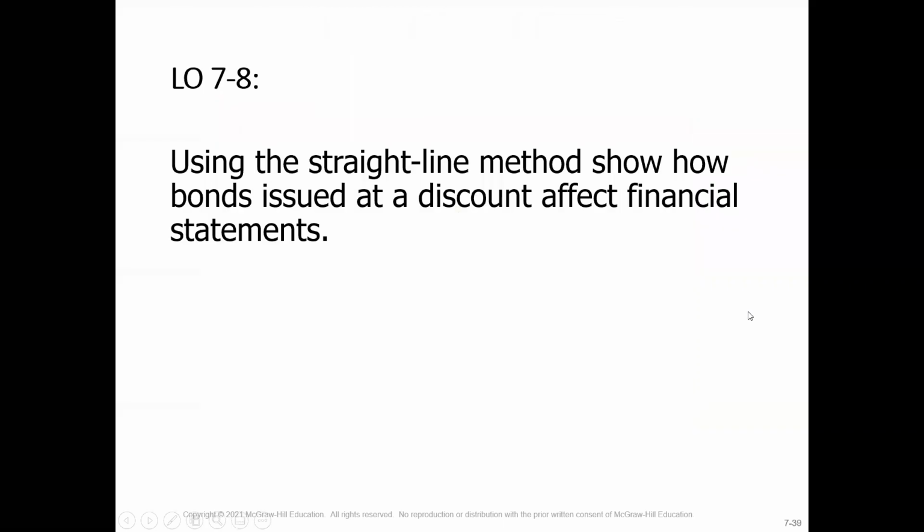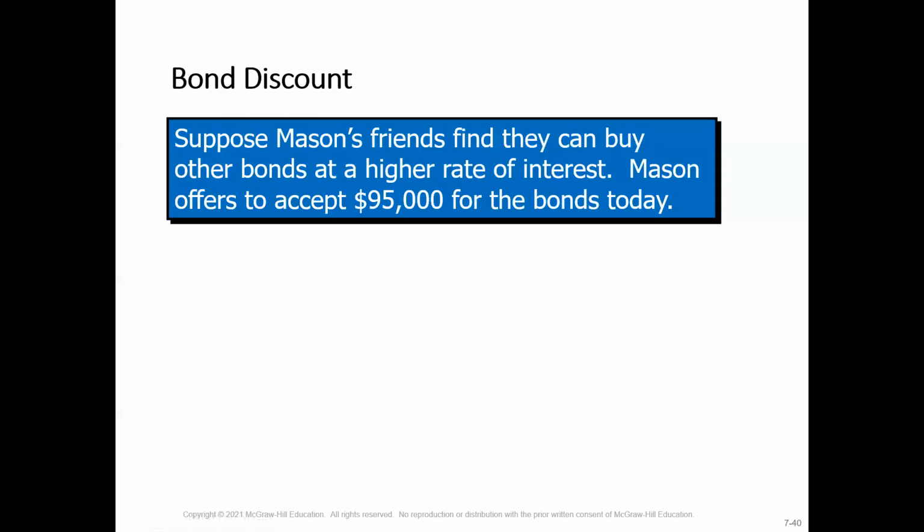Okay. So bonds issued at a discount. Well, Mason's friends said, well, we can invest our money elsewhere, and we can get more interest. The interest you're offering is not enough. For your $100,000 of bonds, we'll pay $95,000.